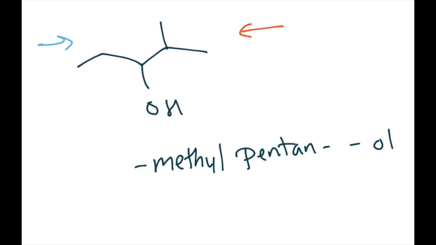It'd be orange, because if I go orange, I get 2, 3 for my alcohol. If I go blue, my alcohol is still 3, so I have the same lowest number, but now my methyl group is 4. So I'd rather number orange, because that gives my methyl group the lowest number, while also keeping that same low number for my alcohol.